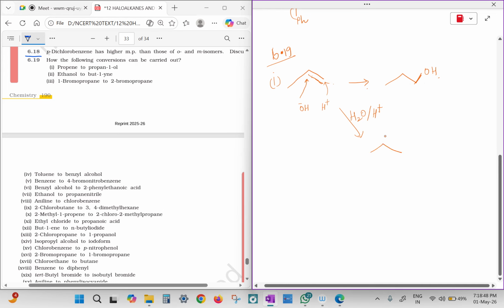So you will be getting the secondary alcohol, but I want a primary alcohol. But what I can do, I can set up a functional group on the first position. Can I not add Br here? And once I have the Br, let me replace it with aqueous NaOH. Are you getting the point, children?